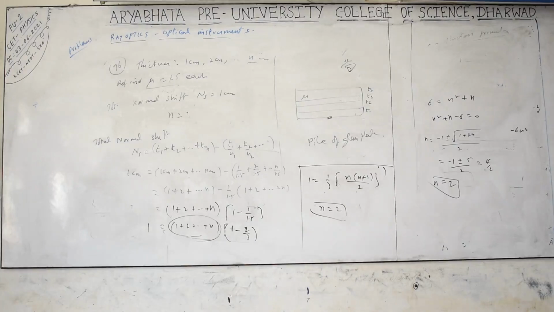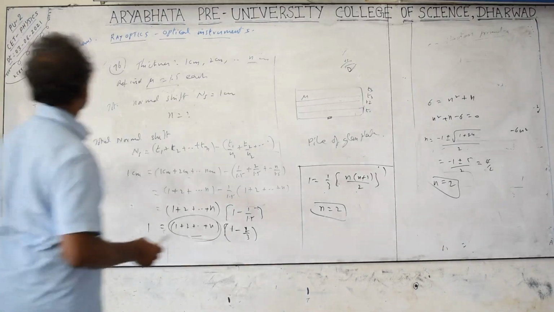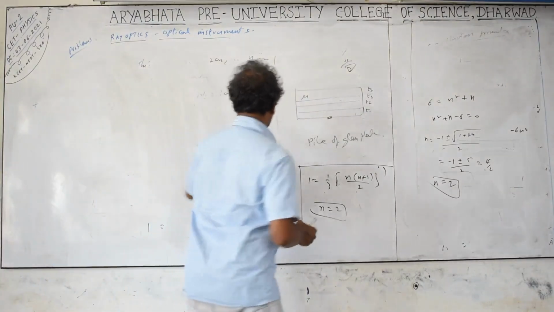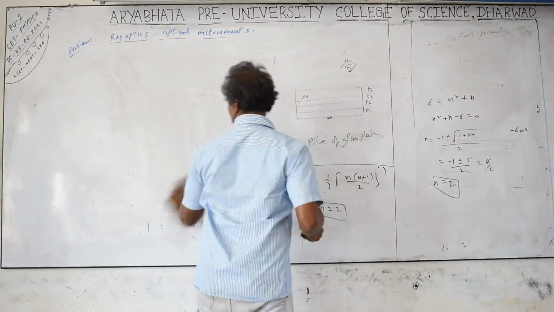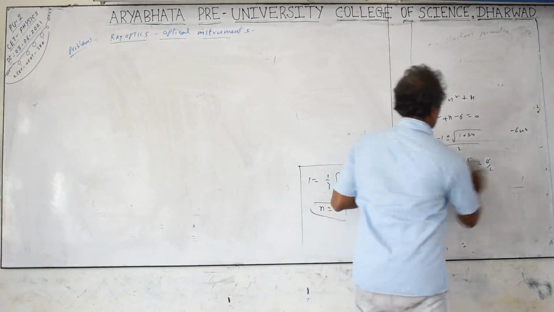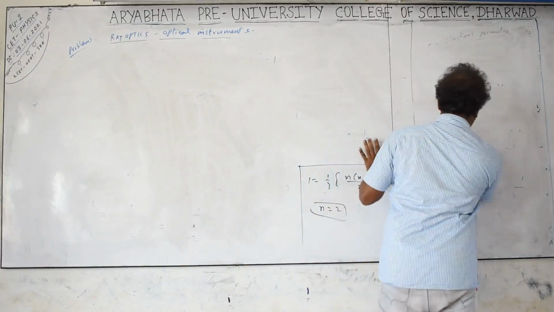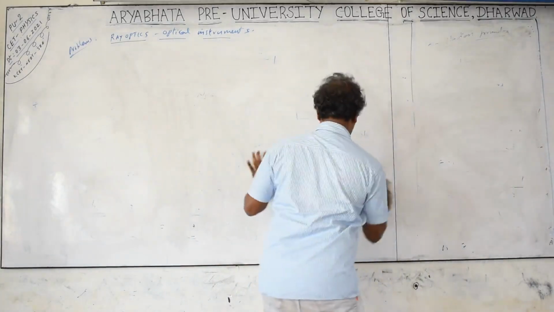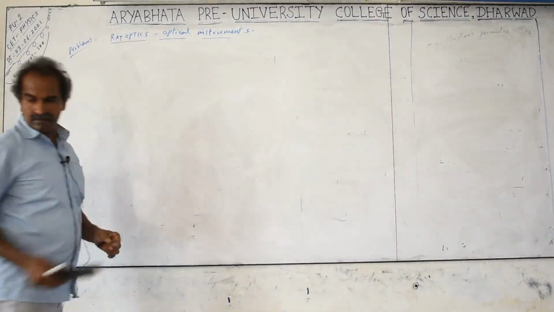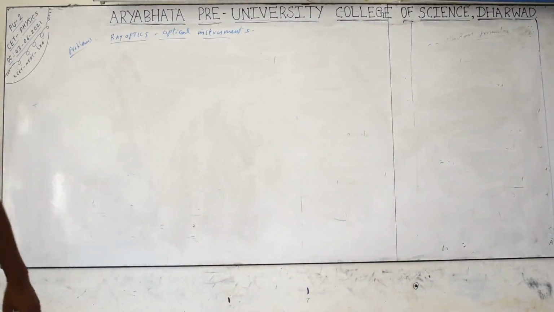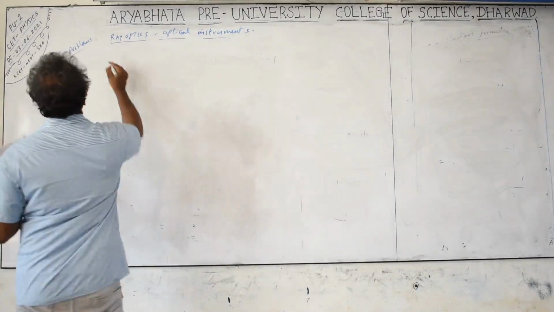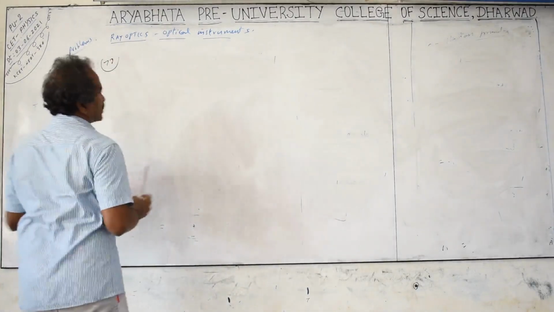Next question number 77. They asked light passing through the prism should not come out.